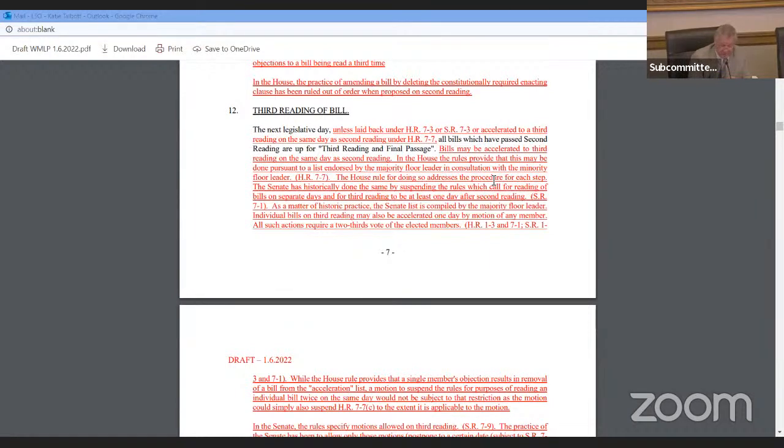How do we get around that? So they can't object to every bill and basically stop an acceleration list, Mr. Chairman. And so what you've done in the past and what we put in the manual here is that you suspend the rule along with your suspension for acceleration. So you do both at once, and that way you avoid 1 member basically doing away with the acceleration list, Mr. Chairman.